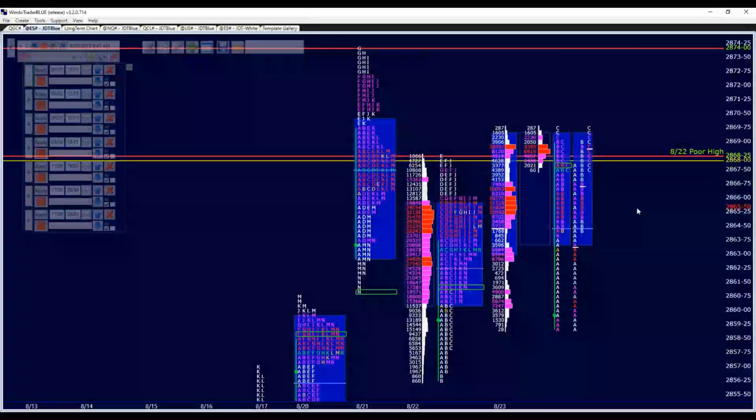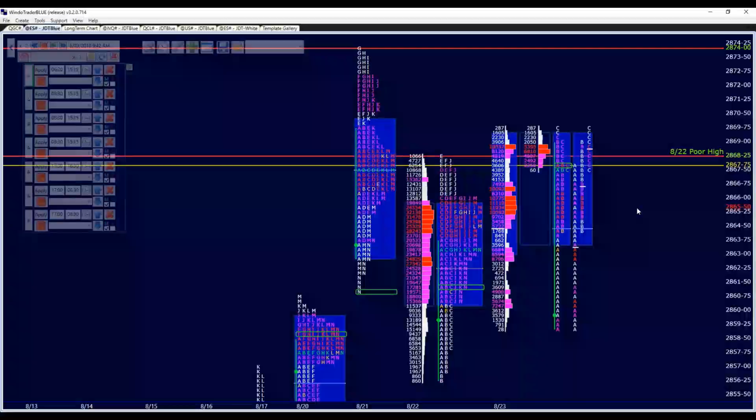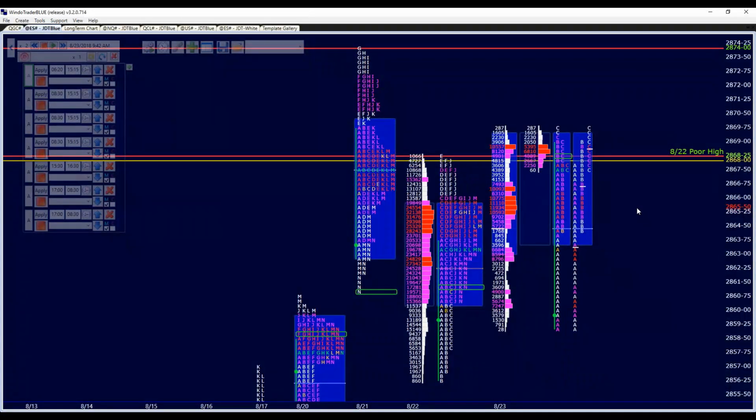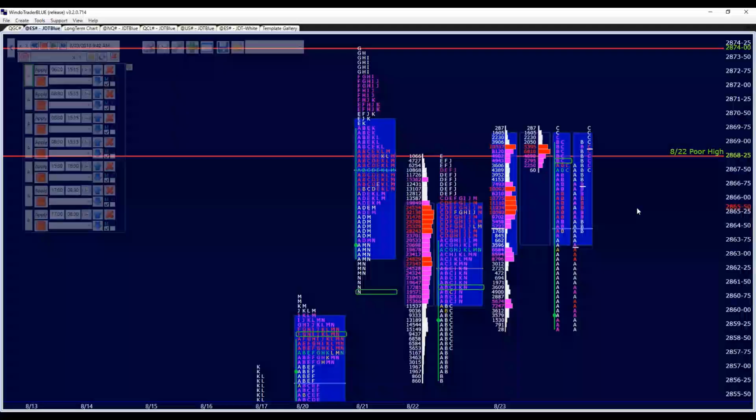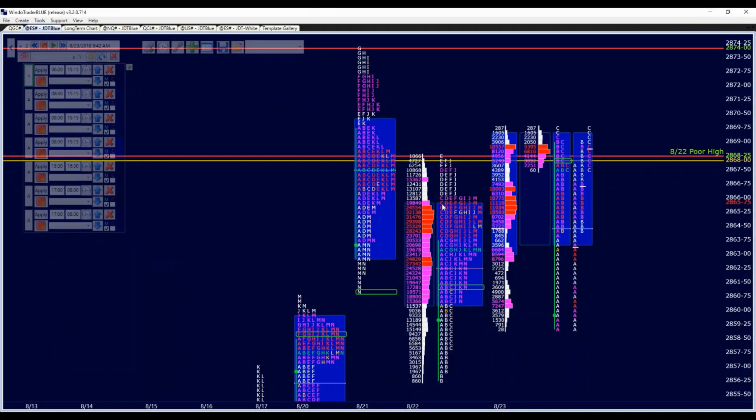The point of control is very important in determining value, because we start at the point of control and then we just extrapolate up and down until we have 70%. We look at value today and we see value as of right now is building, overlapping to higher relative to yesterday. As the day goes on, we really want to see what happens with value.